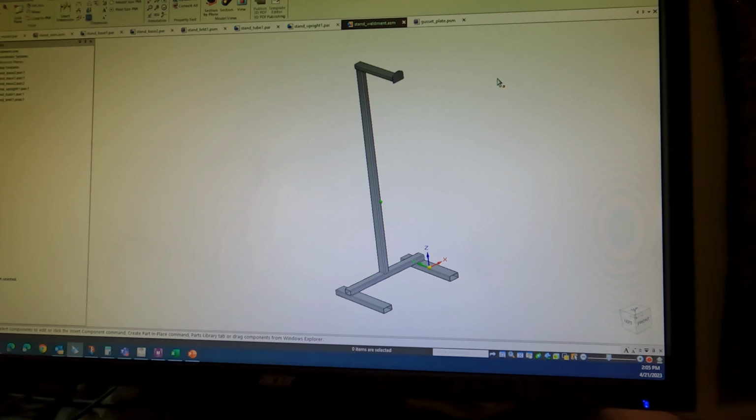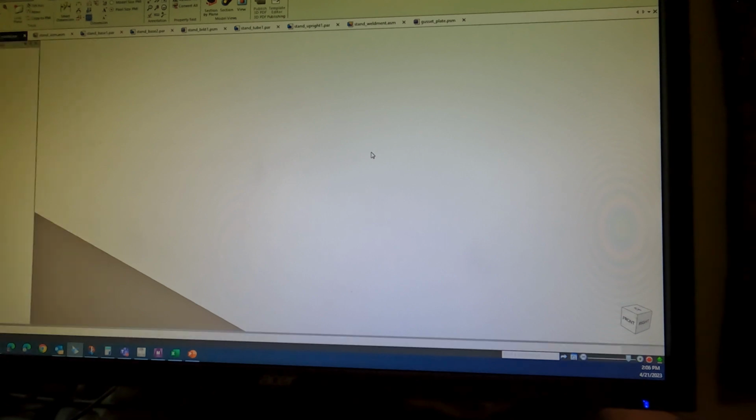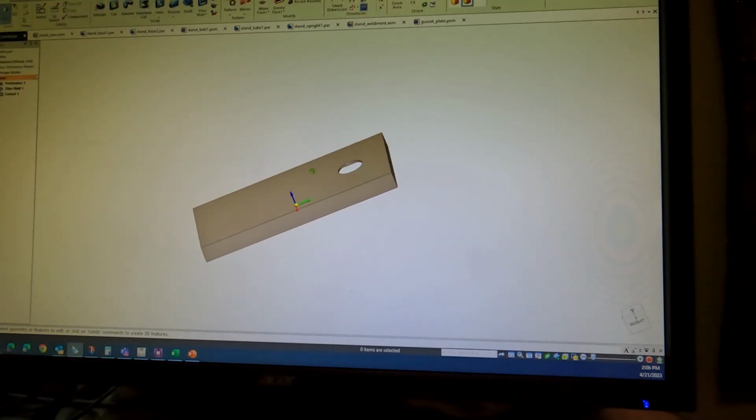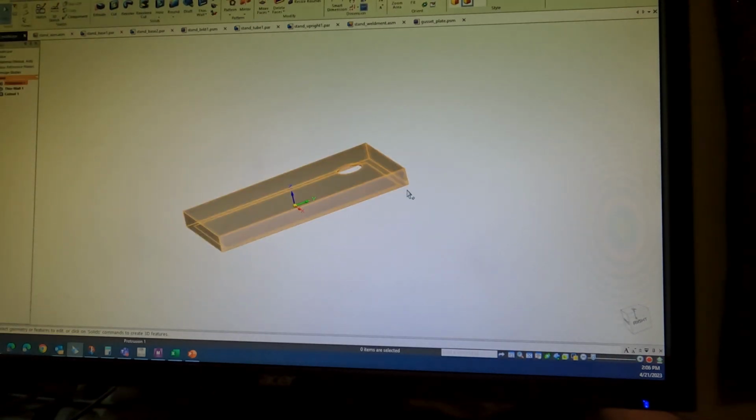There are a lot of different software packages out there, but they're all very similar. Really, before I even jump into CAD, I would probably sit down and sketch out a basic idea. I know that a cornhole board is 2 feet by 4 feet by about 4 inches tall.